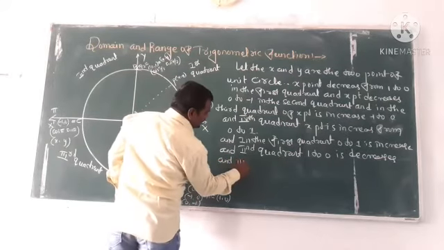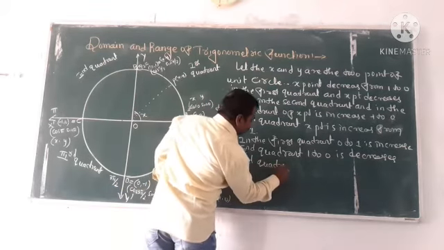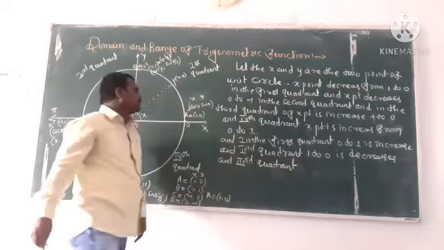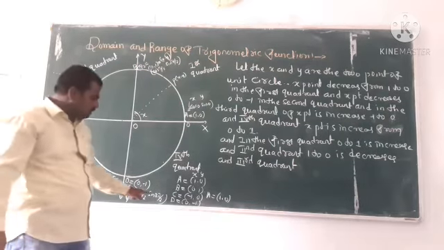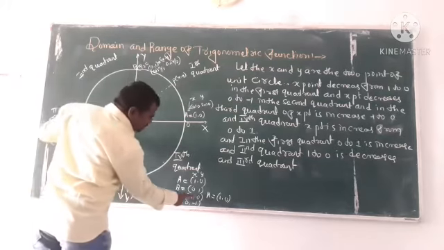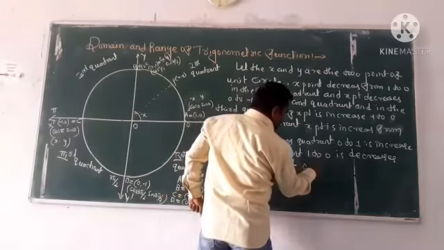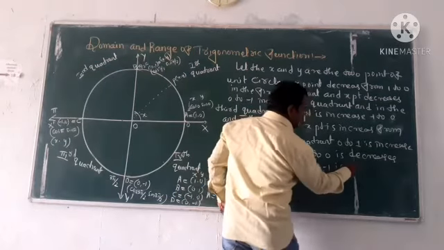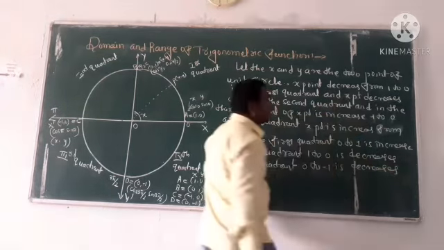And the third quadrant: y goes from 0 to minus 1, so it decreases, right?